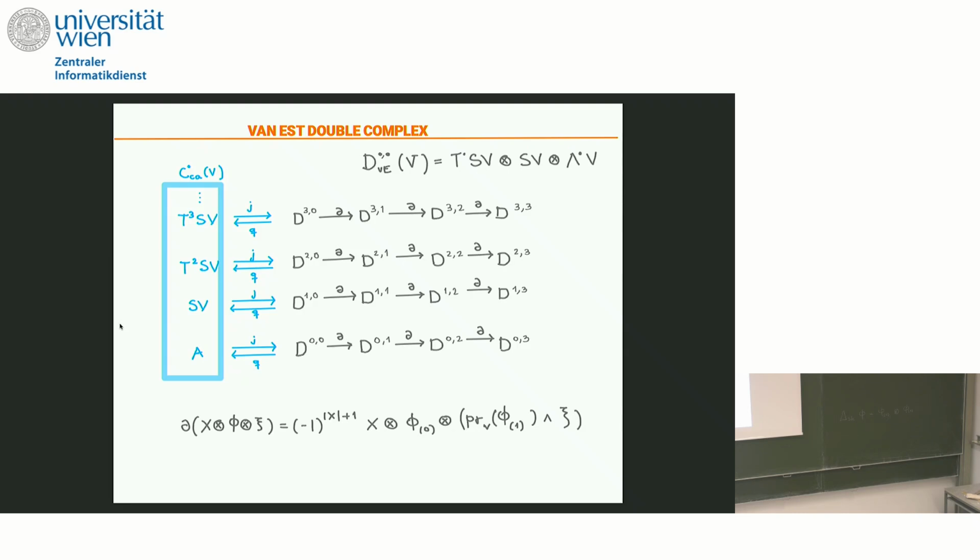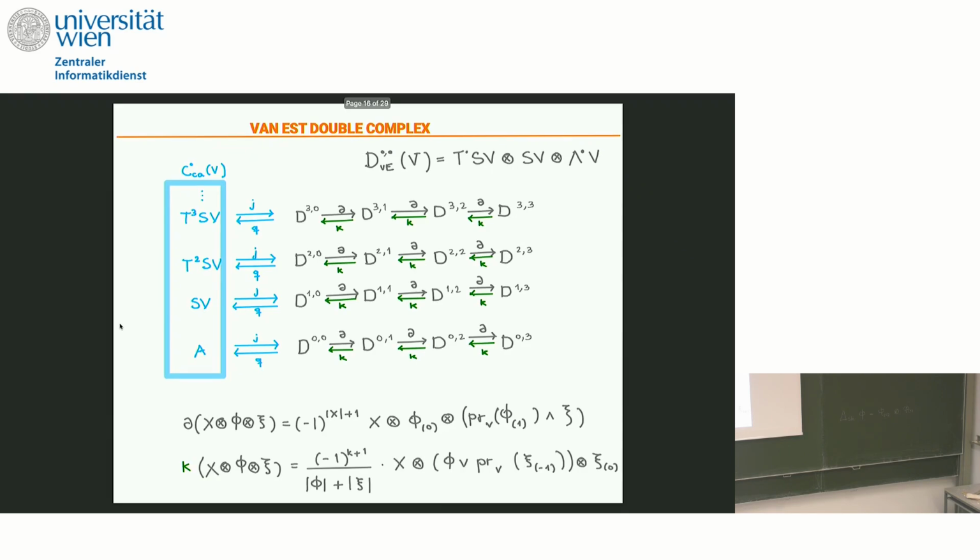So now, the question: can I actually compute the row cohomology? The answer is yes, I can. It's rather easy, and I can give you the homotopy that gives you the cohomology. What is K?